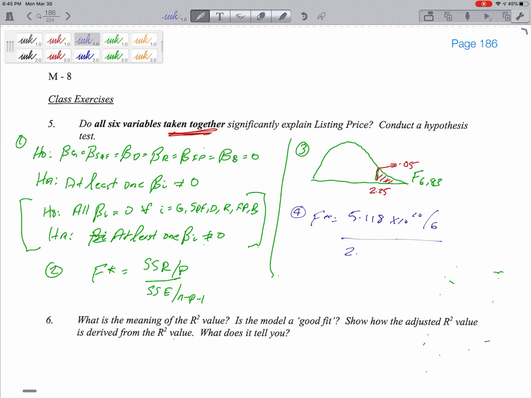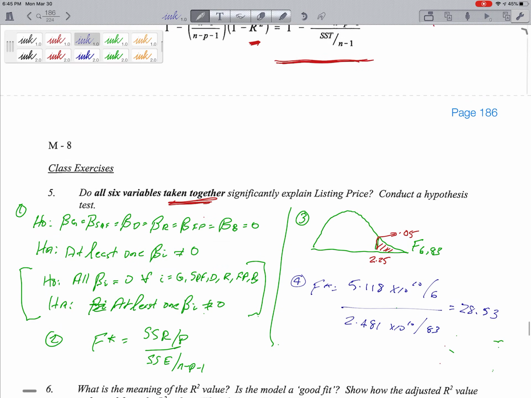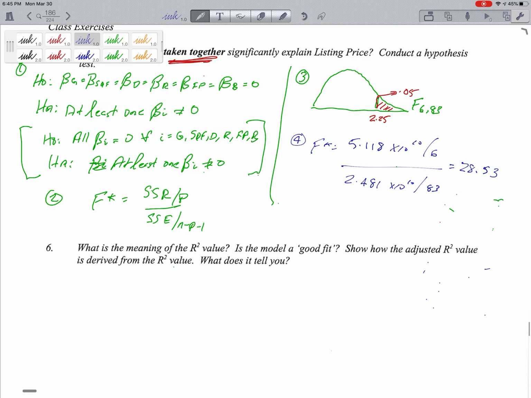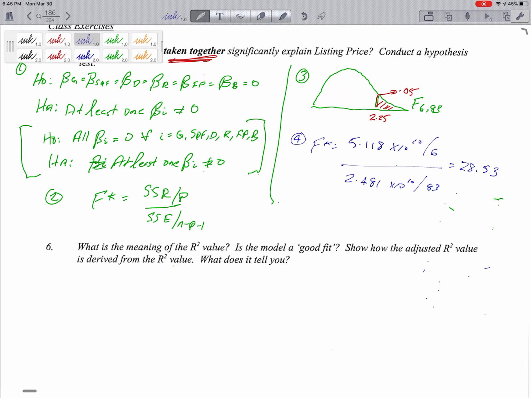Divided by 6 over 2.481 times 10 to the 10th power divided by 83, and that comes to 28.53. Just going to go back up here and turn my page and see what we get. Yeah, that's it. And that is way out here in the tail, and so we end up then rejecting H0.